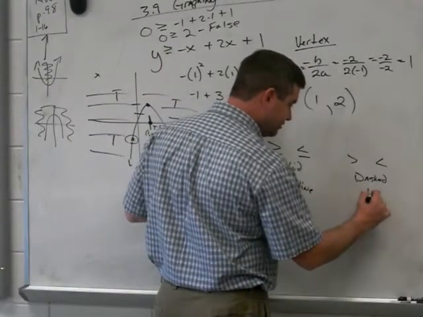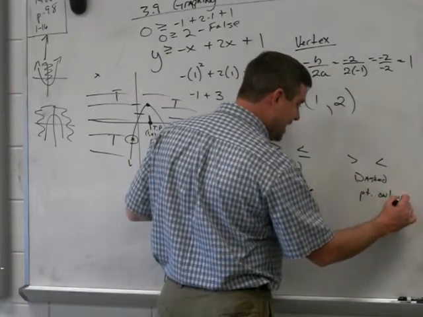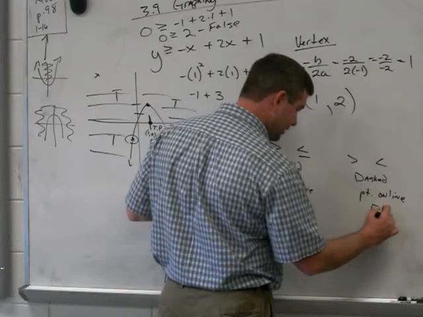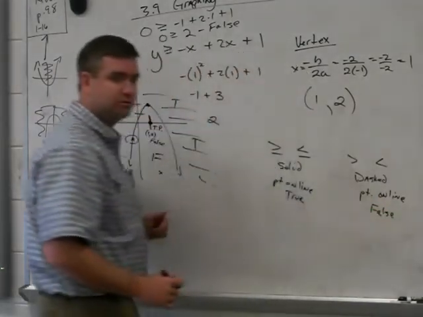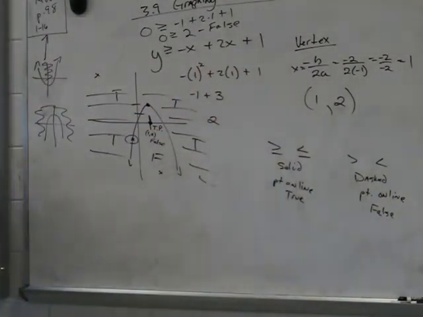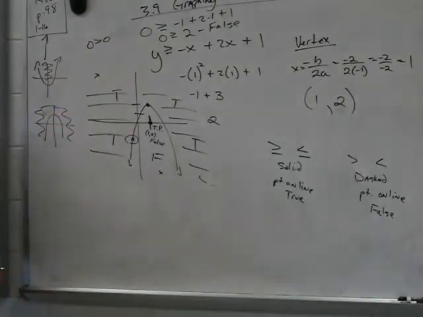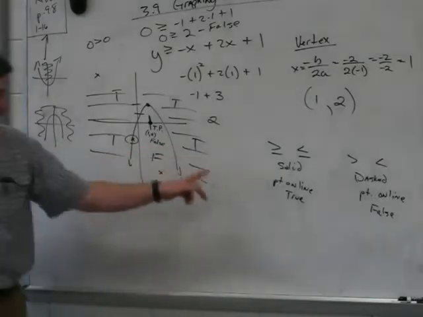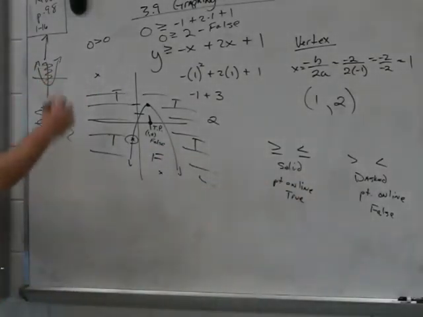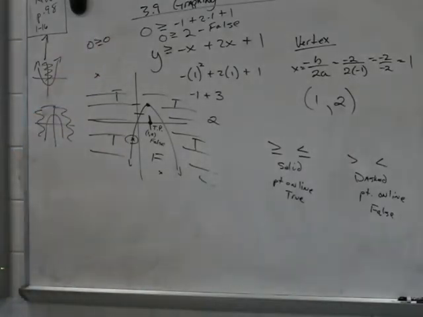Over here, if there's a point on the line and it's dashed, then what's the answer? It's false. It's not a solution. Okay, that's what that means. Think about it like this. Is 0 greater than 0? No, right? That's a false statement. That would be over here, a dashed line. Is 0 greater than or equal to 0? Yes. Yeah, that's a true statement. That might be right here.